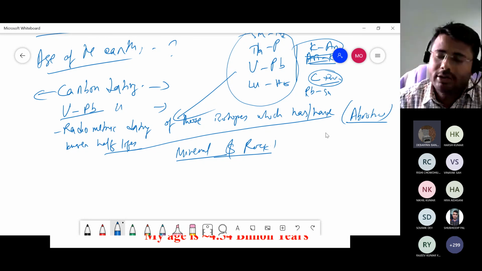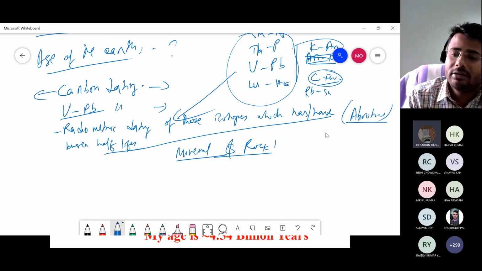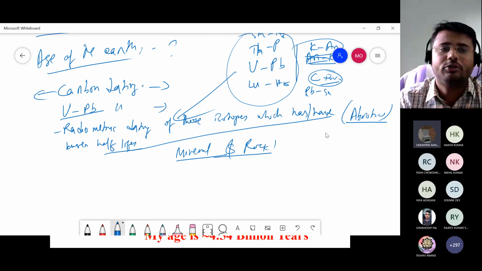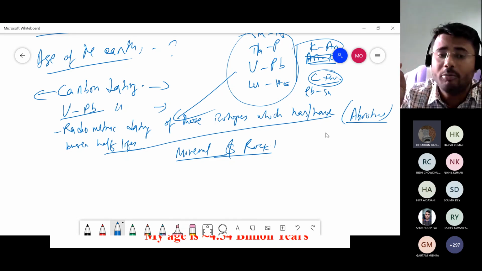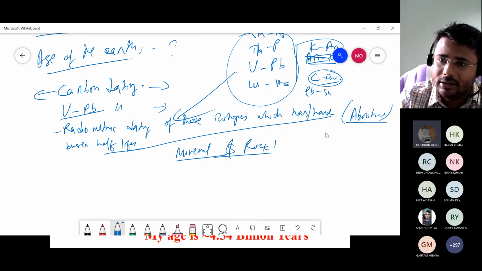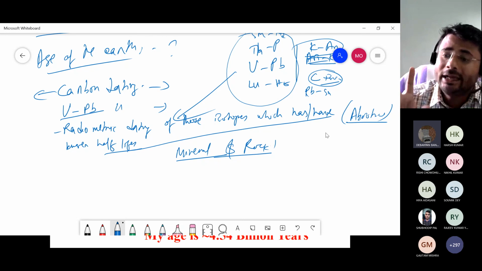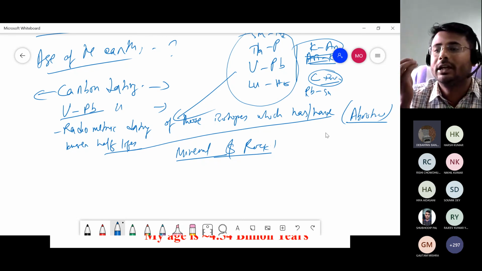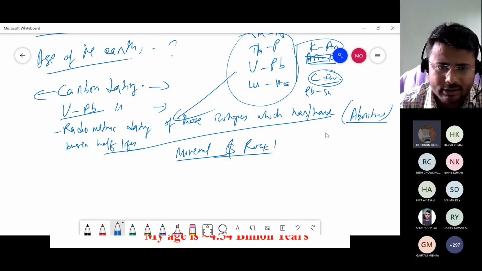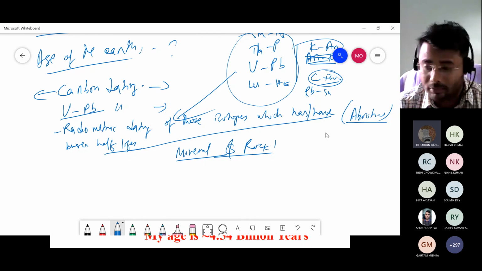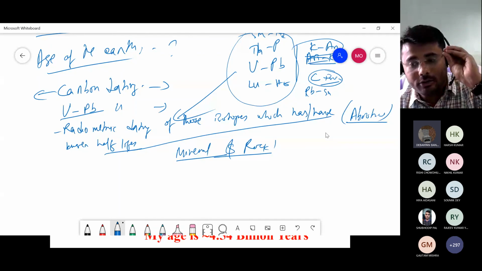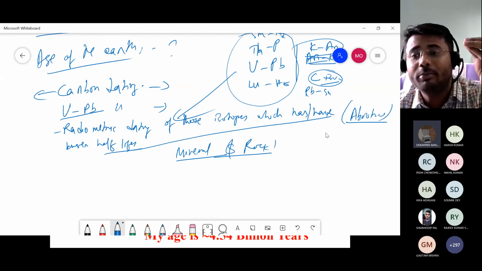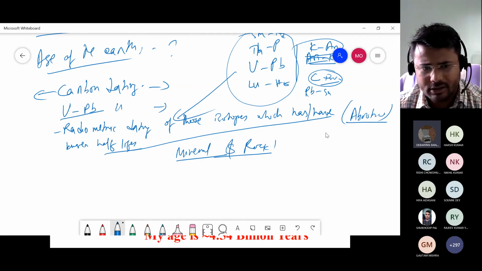So let me combine Rishi's explanation and these two sentences. Rocks or minerals are composed of elements with definite composition, and rock is basically a composite of minerals. Understood? Rocks are basically products of minerals.